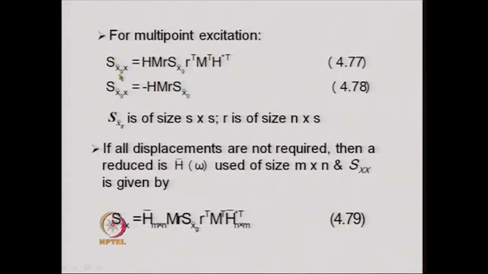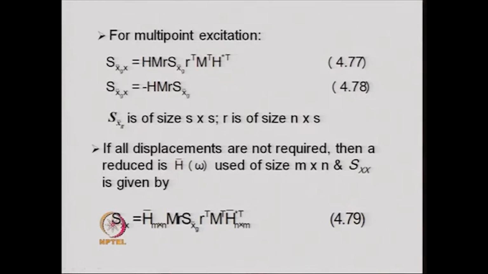This will not be Sx double dot G, this will be Sx. So, Sxx is H m R Sx double dot G, then the transpose of these quantities H m R on this side, that is R transpose M transpose, and H becomes now a complex conjugated transpose of that.